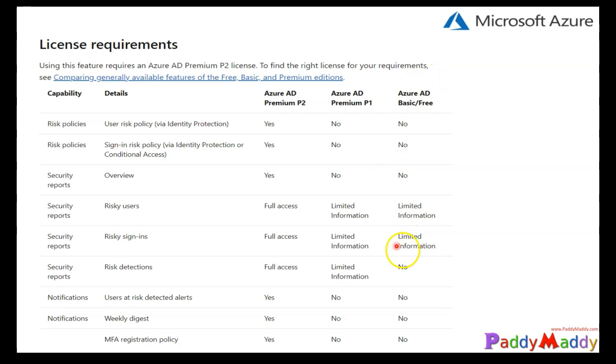And these two you also get from Azure AD Free and basic options. So you don't especially need P1. There's no use if you use P1. Instead, if you go for P2, it will be really beneficial for those users. It gives the benefit for risky users. This is one of the questions even in the AZ-500 exam.